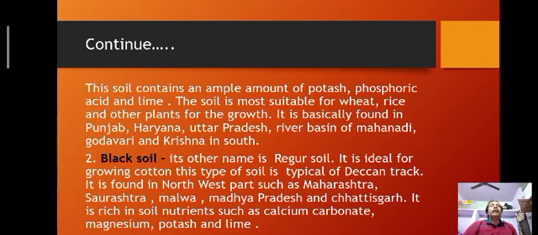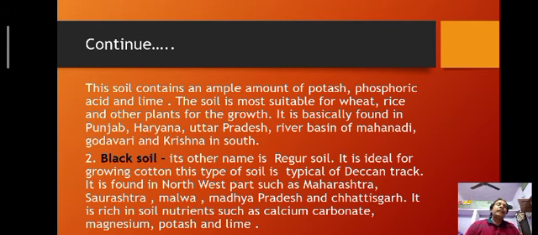Now come to the second, known as black soil. Its color is black, that's why it is known as black soil, and its other name is Regur soil. It is ideal for growing cotton. This type of soil is typical of the Deccan tracts.